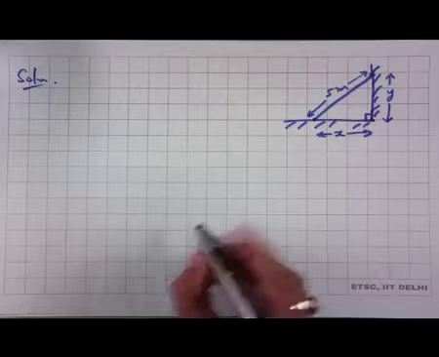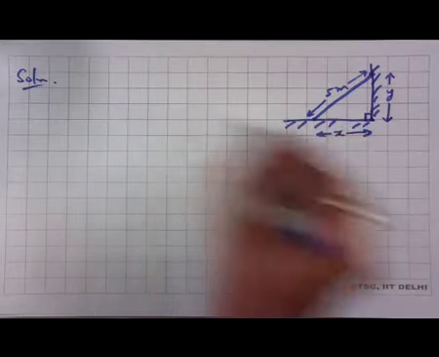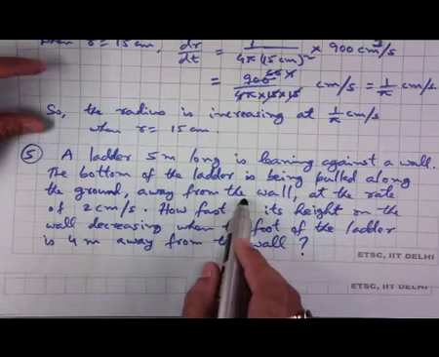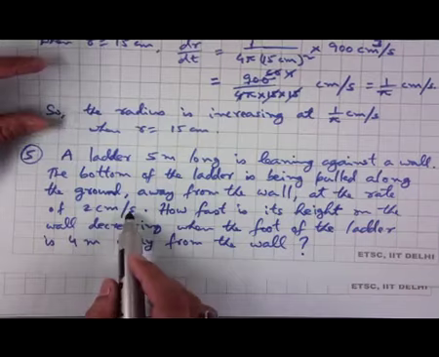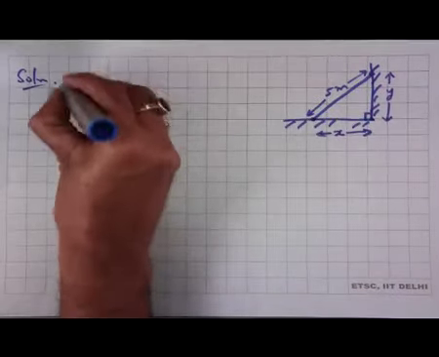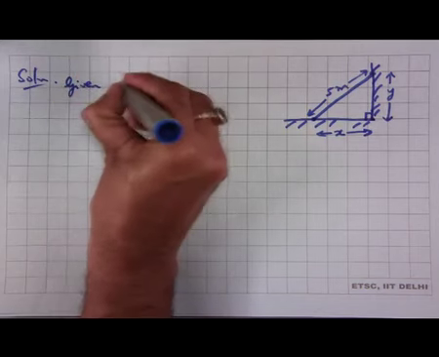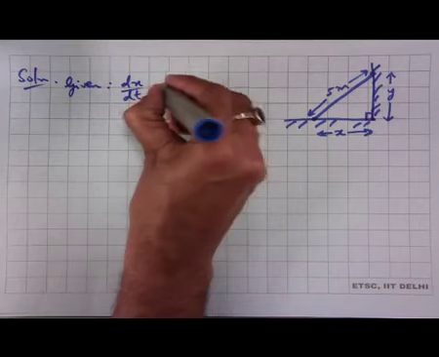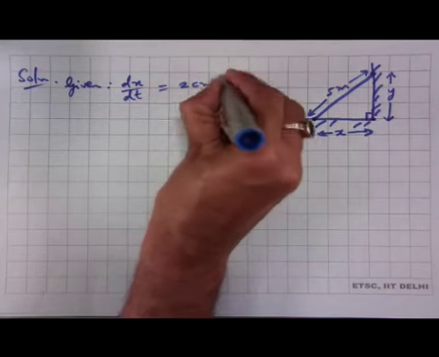Now, what is given is the bottom of the ladder, the foot of the ladder, is being pulled away from the wall at 2 centimeter per second. So, for this x, given dx/dt is equal to 2 centimeter per second.